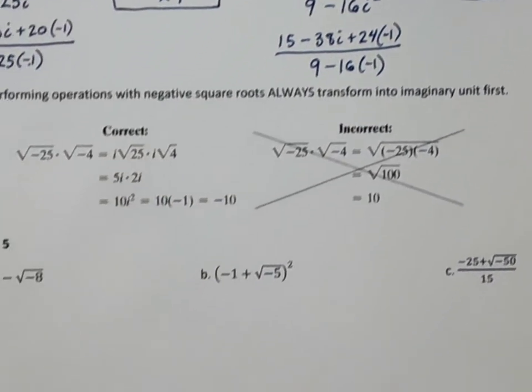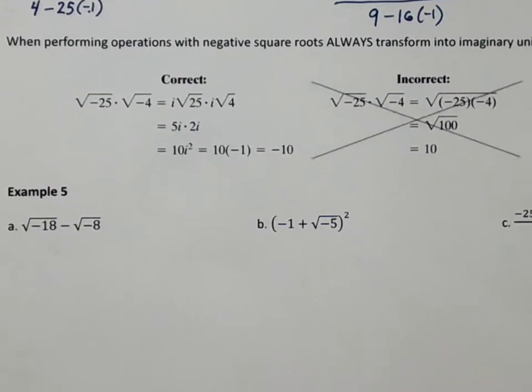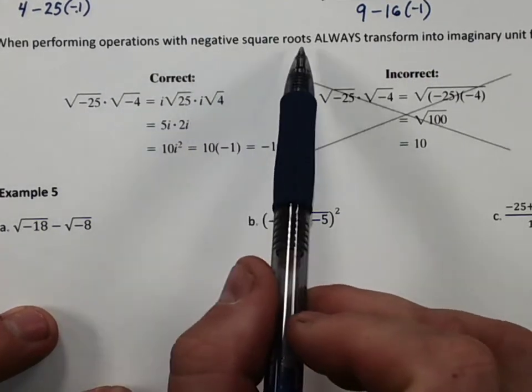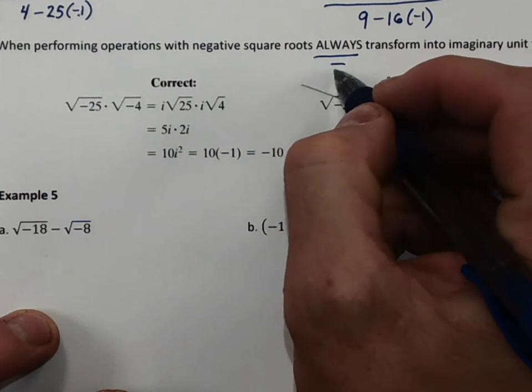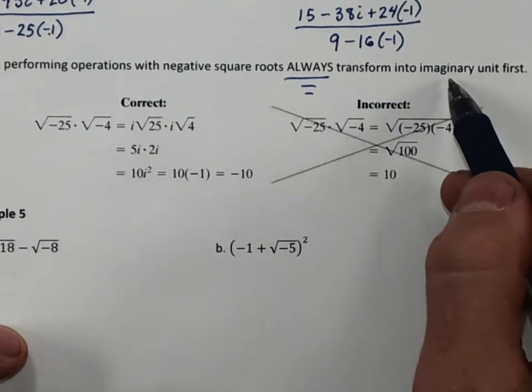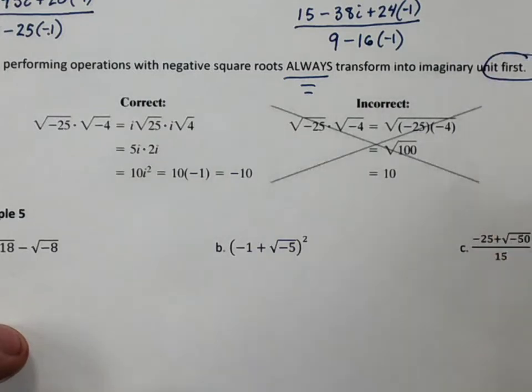All right, last, how do we deal with multiplying square roots together that have a negative in them that haven't yet been changed to i's? Here is the rule. When performing operations with negative square roots, you must always first transform into an imaginary unit first.